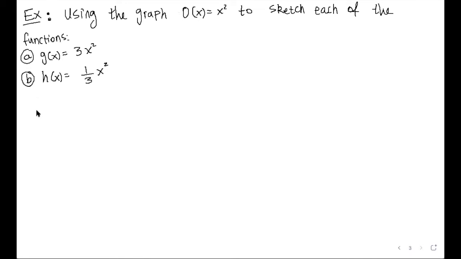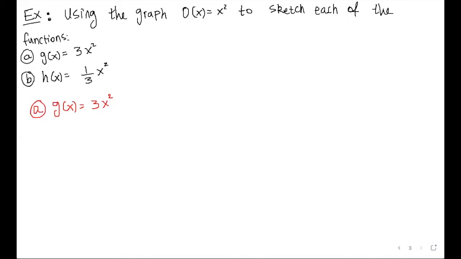For the first one, g of x. It's stretching vertically, right? Okay, this is true. How do you think about this question?